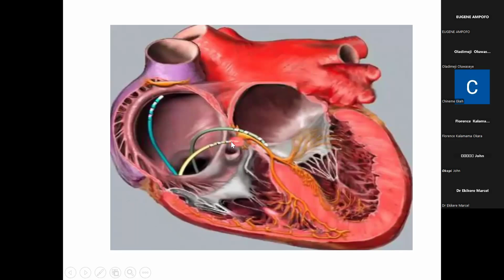So it's testing the property of the AV node. You see another catheter that can go into the coronary sinus to the left atrium, to the back of the groove between the left atrium and the left ventricle. So it's just testing the property of the left atrium. And there's another catheter we didn't show you here that will go into the right ventricle, that can get to the apex of the right ventricle. So showing us this catheter will tell us that it is monitoring activity at the different segments it is touching.